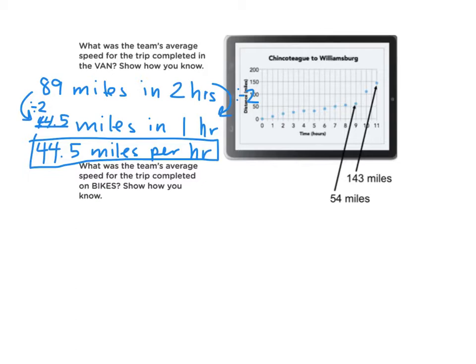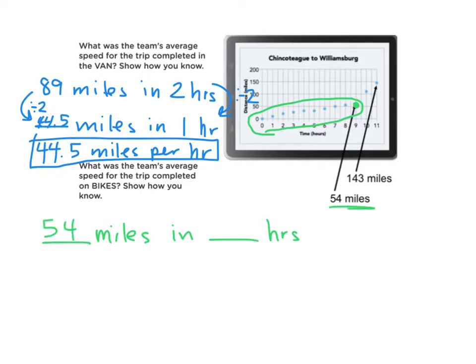Now the next question wants, what was the team's average speed for the trip completed on bikes? So this is the trip on bikes. That's when they're on the bike. So let's think about how long they're on the bike. So we want to think how many miles and how many hours were they on the bike. So looking at my graph, I can see that this is when they're done being on the bike, and that is 54 miles in 9 hours.